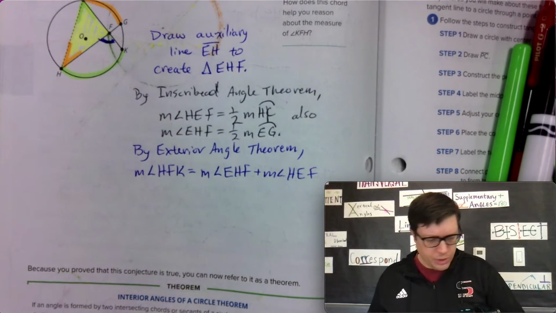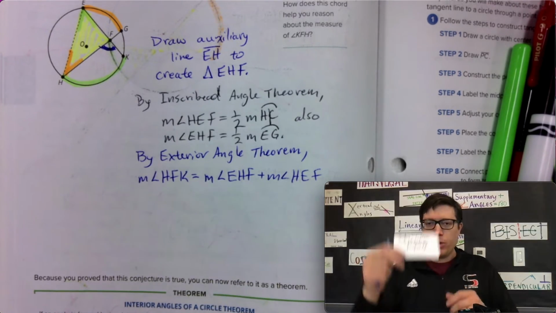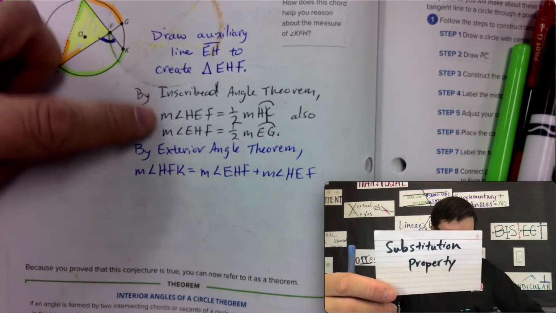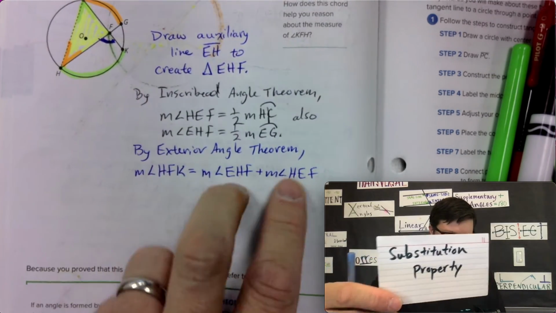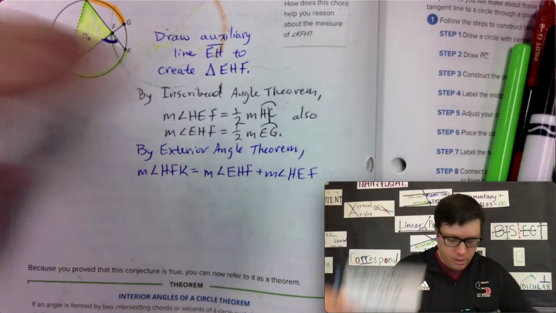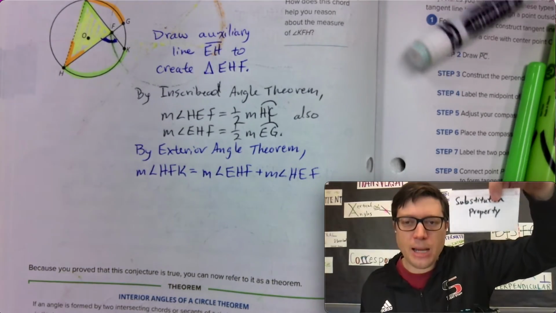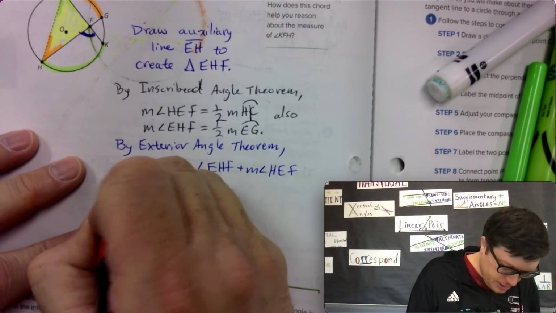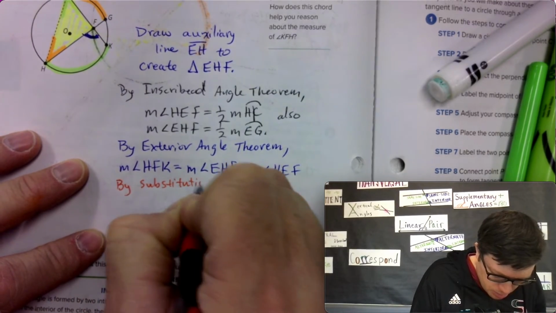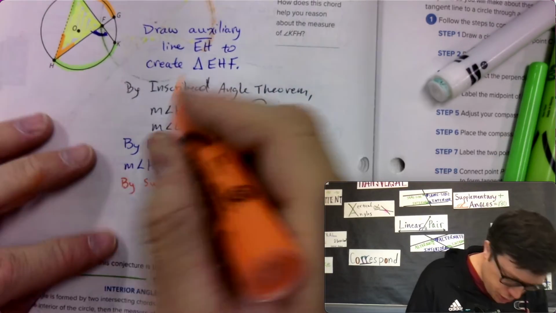Now, with our pal, find him. We've used it so many times. With our pal substitution, if I have two of these, it's like I added these two together. So because I have these two added together, I can just substitute what they're equal to. So with a straight substitution, probably time to switch up the color. By substitution, ooh, let's bring in some highlight. I highlighted EHF orange.